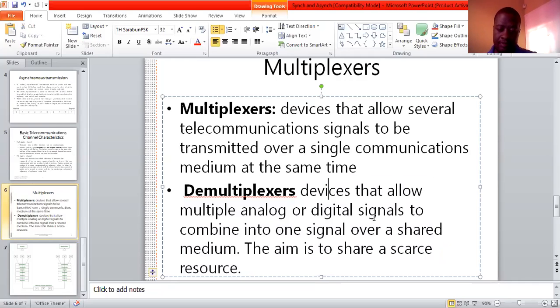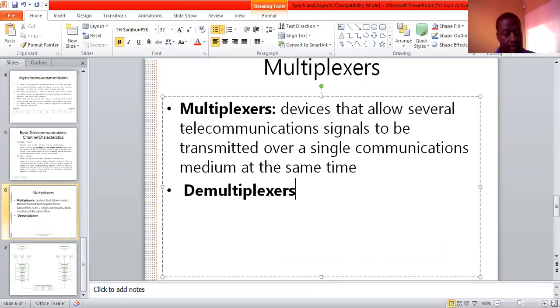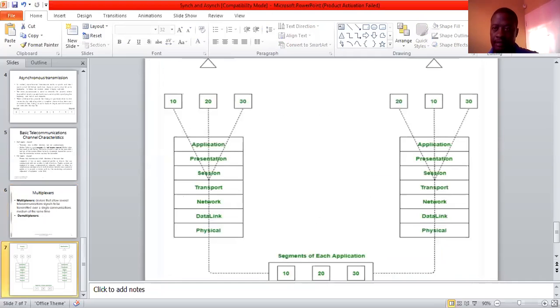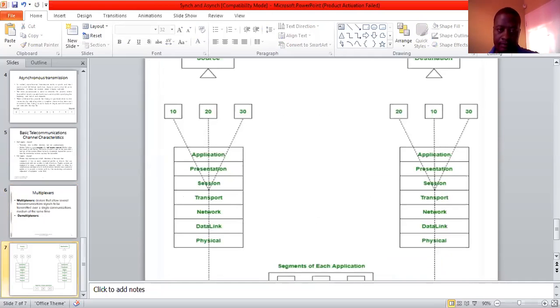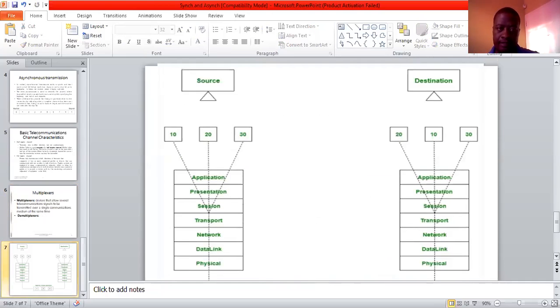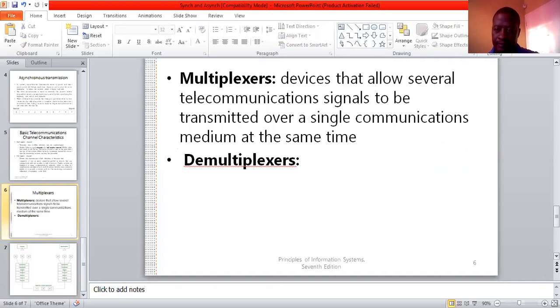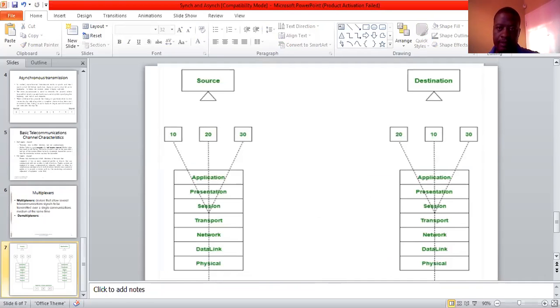Now let's look at this example, this illustration. This is a source where the information is coming from, and it's being transmitted this side.